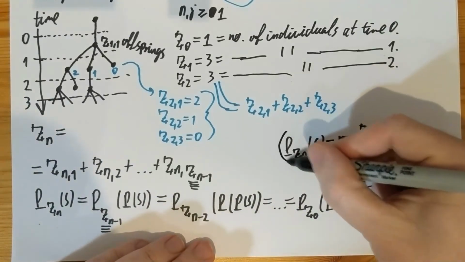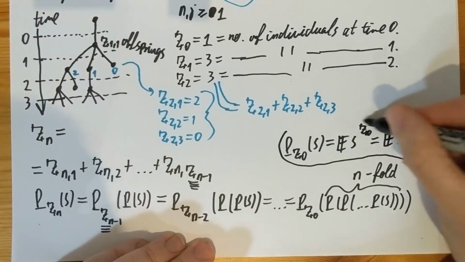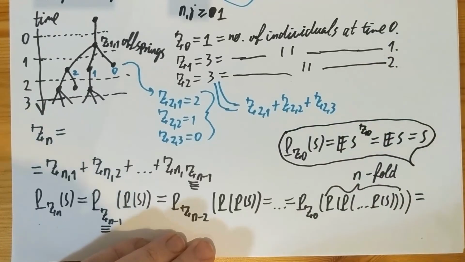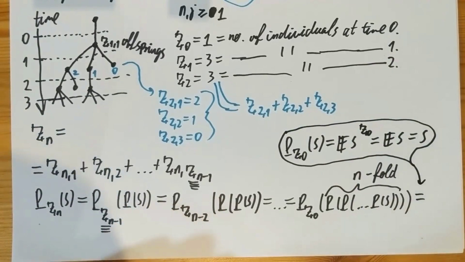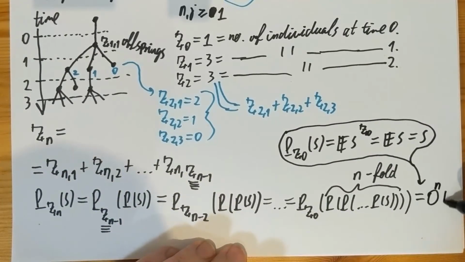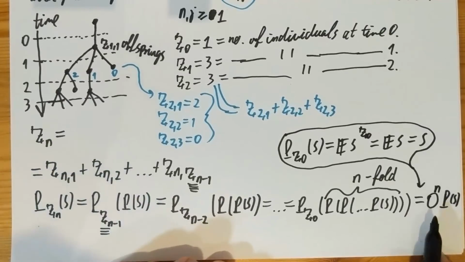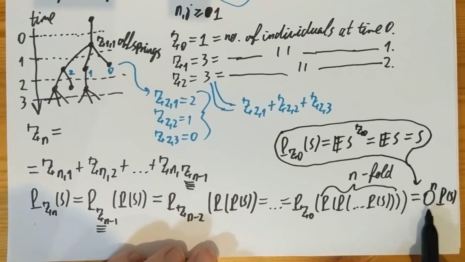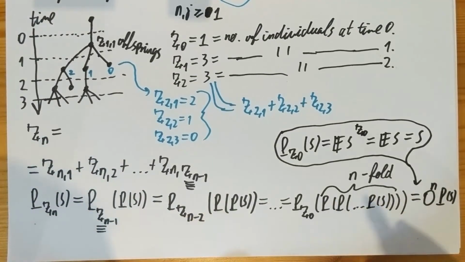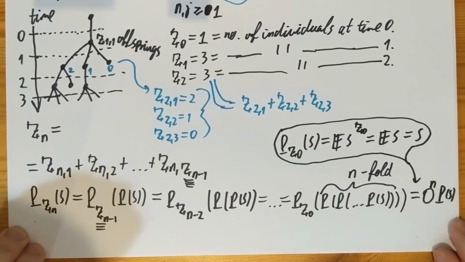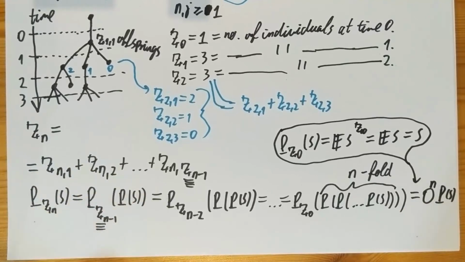And if I plug that in here, then I can proceed with this line as just the identity of the n-fold composition of P of S. And that's just a notation for the n-fold composition of P of S. It's the same thing, P of P of P of and so on S, n times. So the generating function of the number of individuals at time n is just the n-fold composition of the individual offspring generating functions.